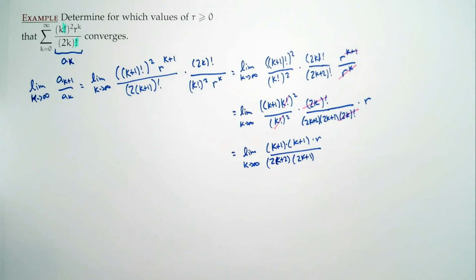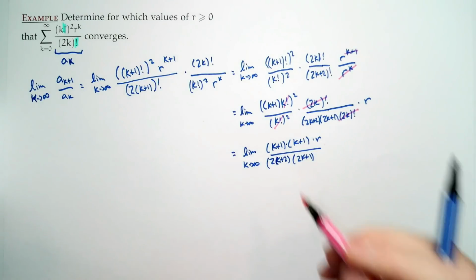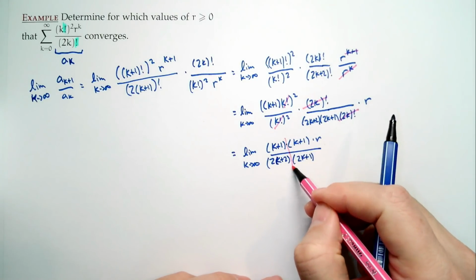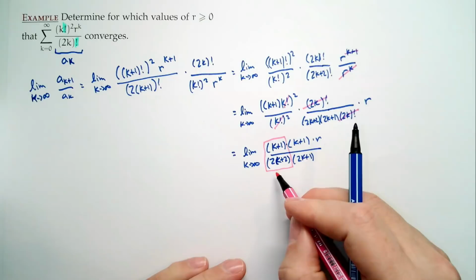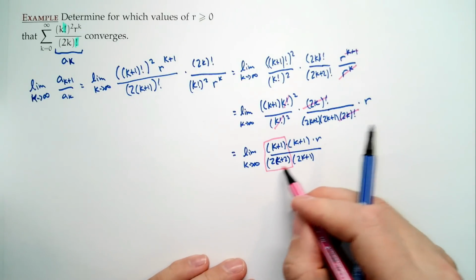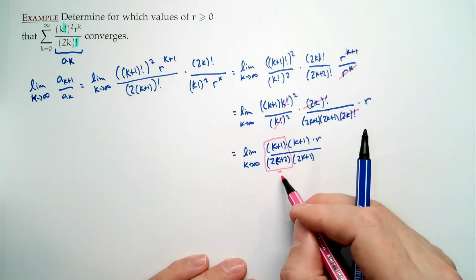Now, let's be a little bit careful here. What can you do? You can actually simplify this a little bit more if you wanted to. Hey, look at this. k plus 1 and 2k plus 2. What does that become? Well, if you factor the 2 out of here, you get 2 times k plus 1, which means that this whole thing equals 2.